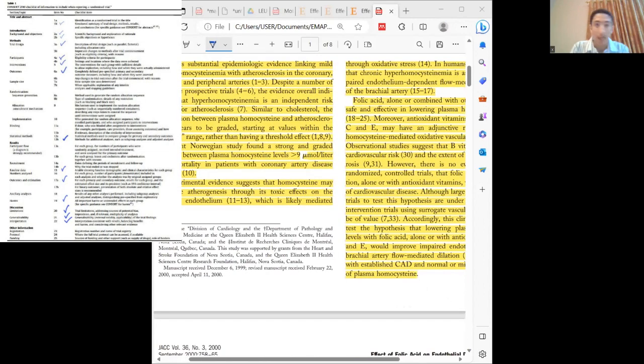First, in the checklist, 1A is identification as a randomized trial in the title. We can find the word randomized in the title of this article.